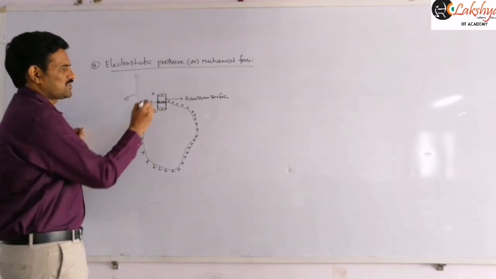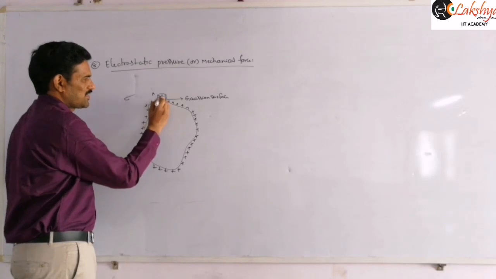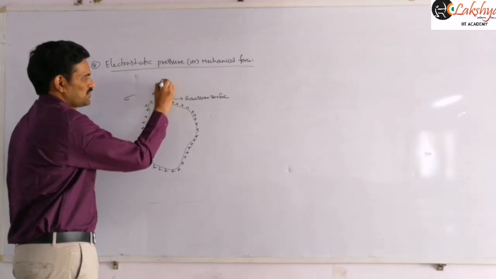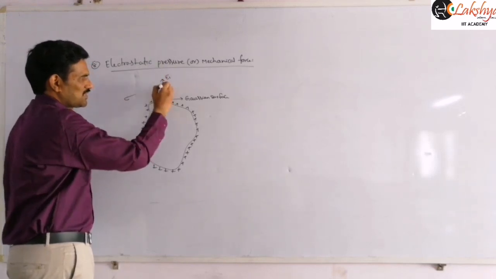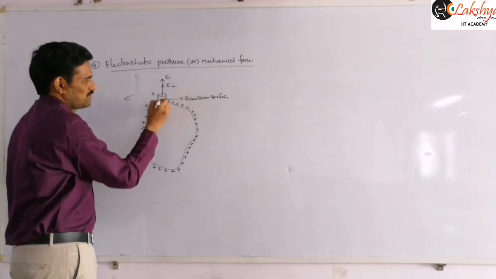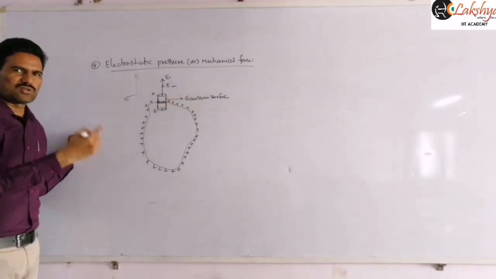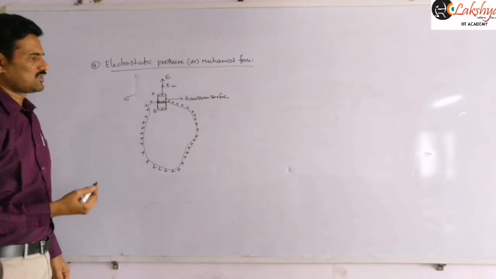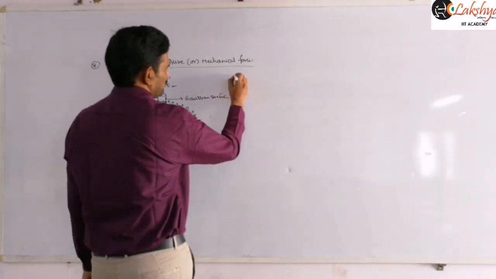Now the electric field at this point due to this element and due to this object: say E1 along this direction and due to this element E2 along the direction. Both are positive charge, so they will be along that direction.